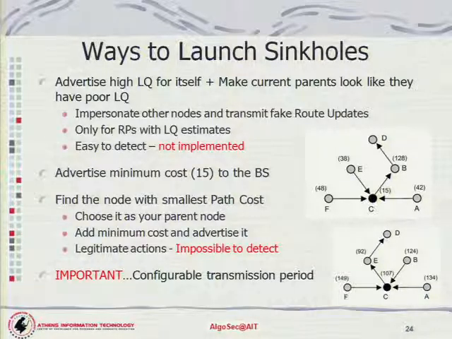As you can understand, this can be used only for routing protocols that have link quality estimates as the routing cost metric, not calculations like the mote hardware does, but estimates like in MintRoute. This is what the attacker takes advantage of, because it's an estimation, and you can convince the other node that this is my estimation.